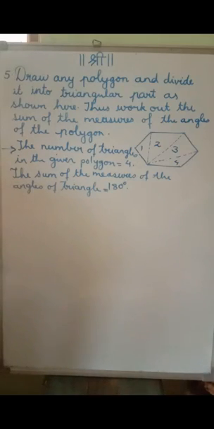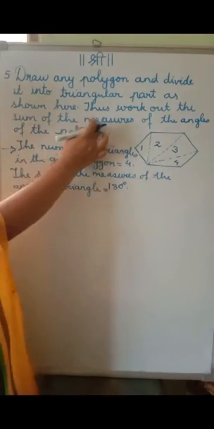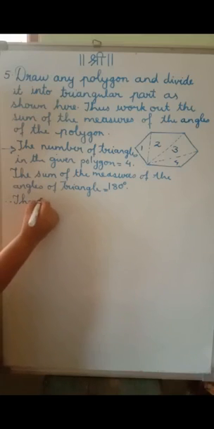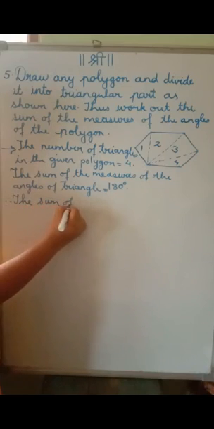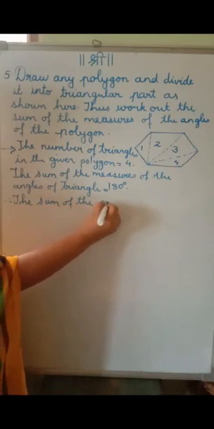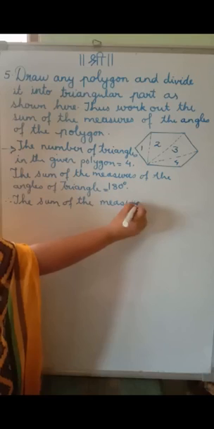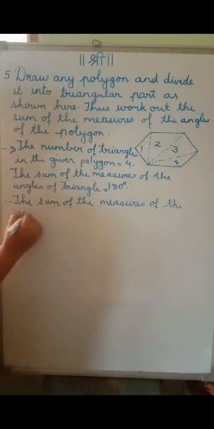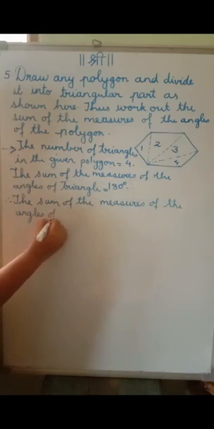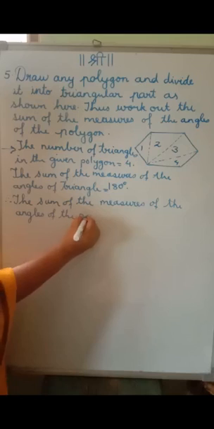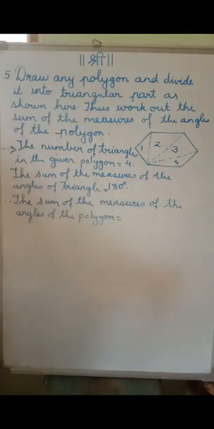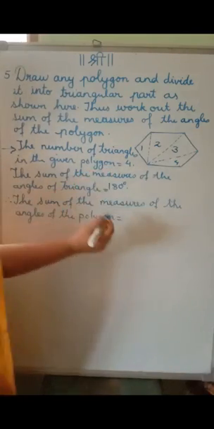Now we will find the measure of this polygon. So we'll write the same statement. Therefore, the sum of the measures of the angles of the polygon is equal to, how many triangles do we have? 4.